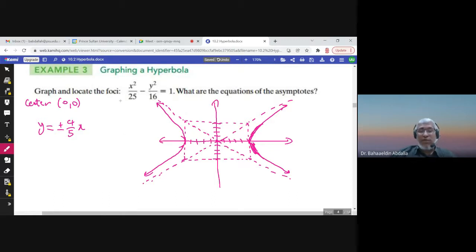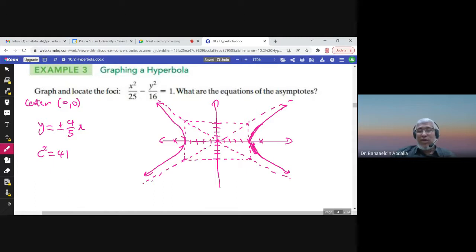The foci, c square is 25 plus 16 because c is greater than a and b. So start from the center and the foci would be here on the transverse axis.